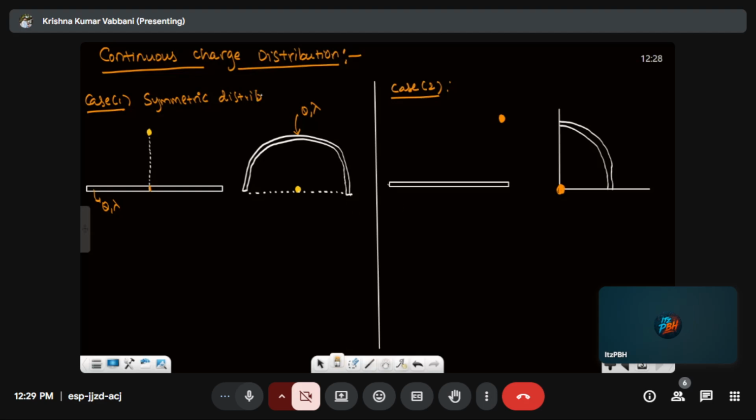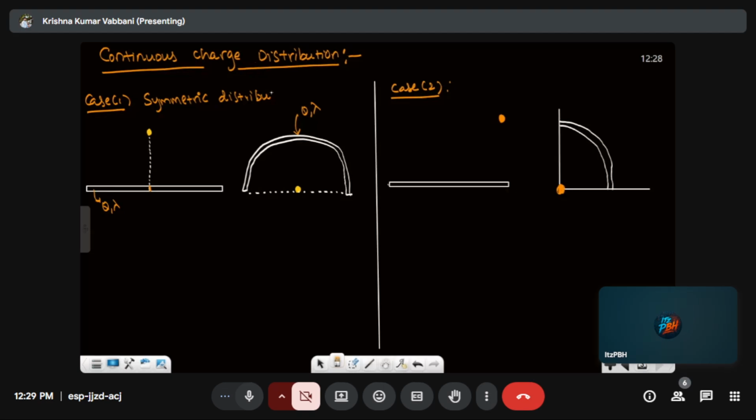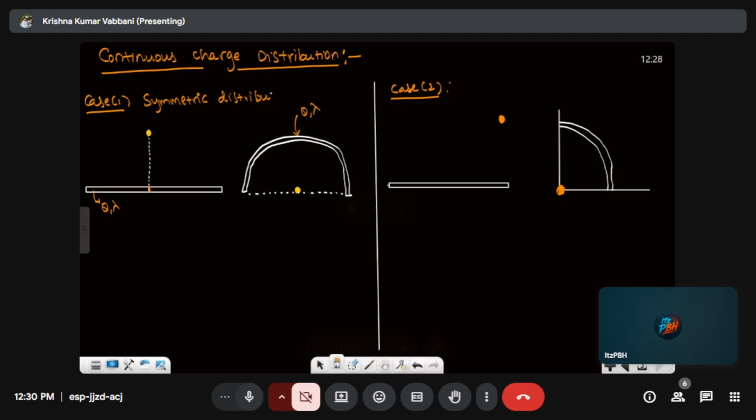First, we have to take two elementary lengths on both sides with equal distances. Second, we have to resolve those vectors and add.